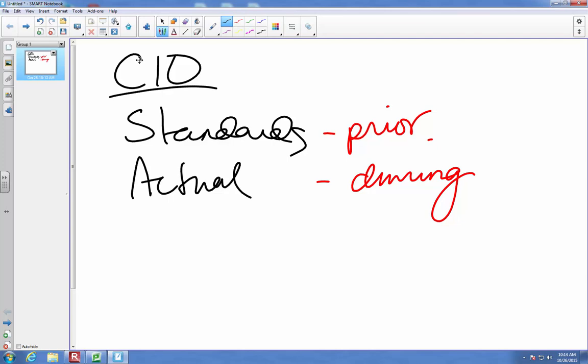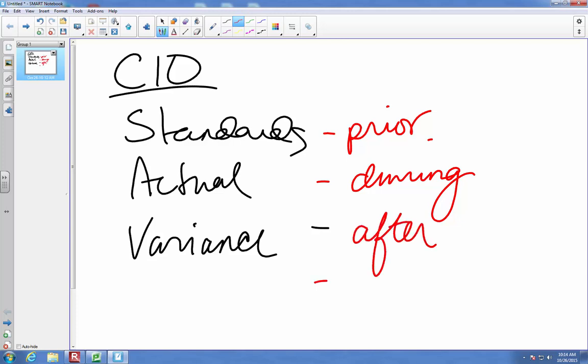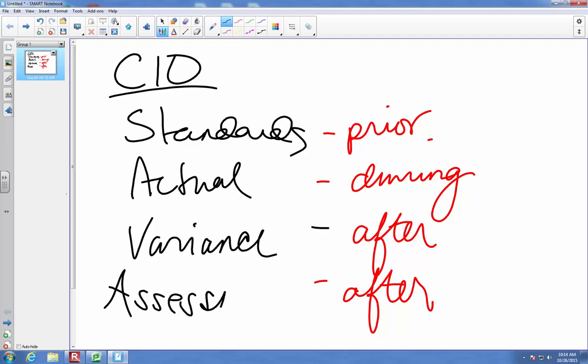You're going to have to compare them, aren't you? Variance. So you actually calculate the variances, and then you do assessment after. And then the whole process starts again, right?